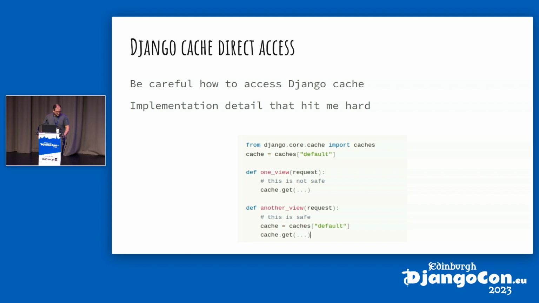That is, when you access caches, all the caches, you call that as a key. So cache is default, for example. That's the default cache Django uses. It's not thread safe. So you have to call that only when you want to use it.